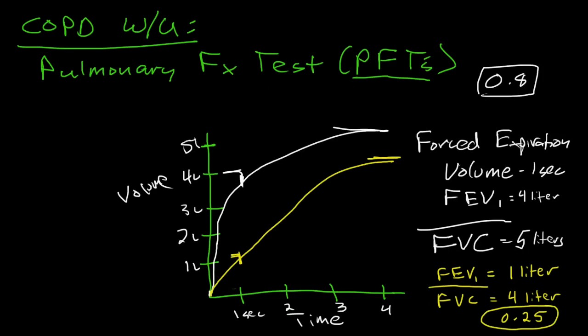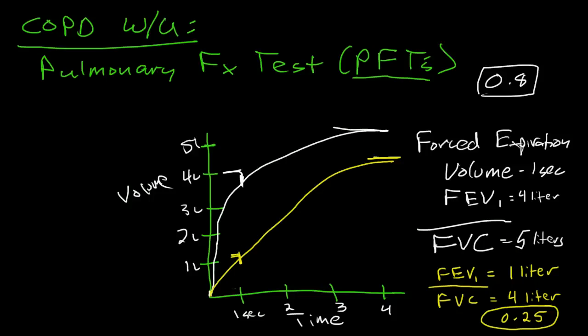But anyways, you can see that the healthy person, as they breathe out as fast as they can, breathes out the majority of their volume in the first second. But this person with COPD, they breathe out as hard and fast as they can, but they only get out 25% of their total volume in the first second. So this suggests significant obstruction.